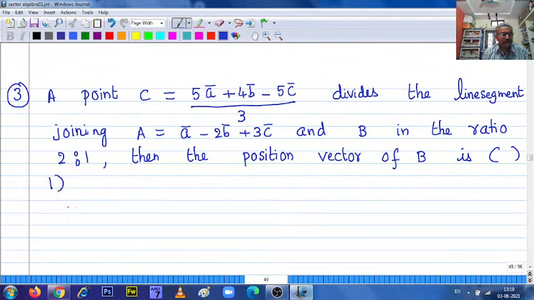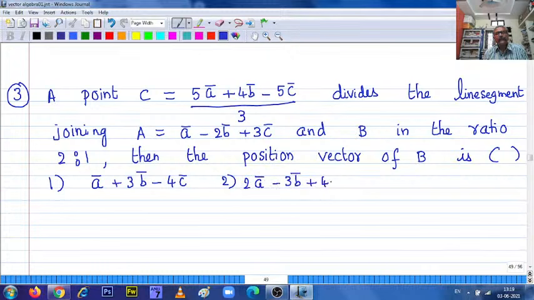First option A bar plus 3B bar minus 4C bar, second 2A bar minus 3B bar plus 4C bar, third one is 2A bar plus 3B bar plus 4C bar.